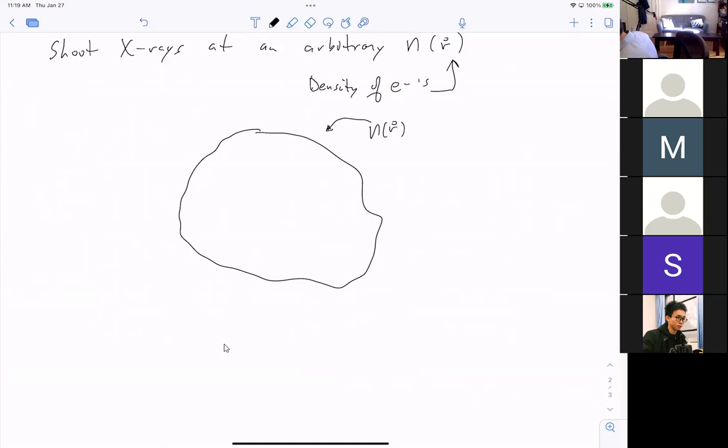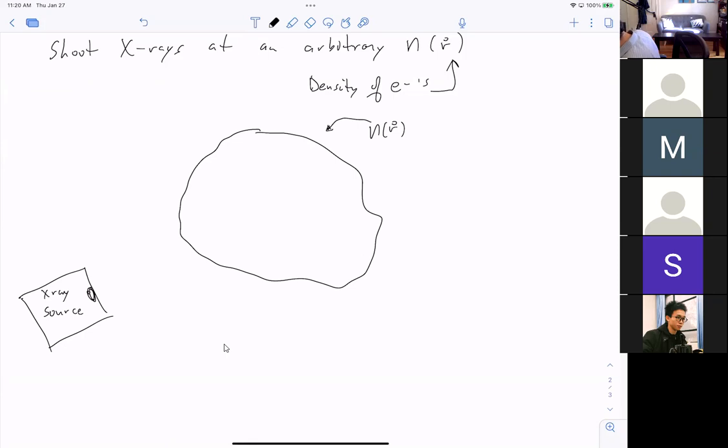And now I'm going to have an X-ray source here. It's a machine that you can buy. It's not that expensive. I forget how much they cost, maybe $10,000, $20,000 for an X-ray source.